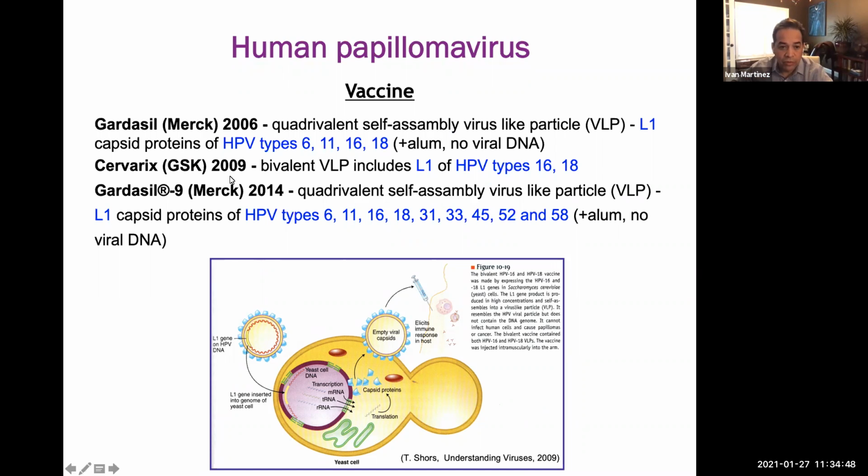Then in 2009, Cervarix came out, and that one was only targeting the high-risk HPV 16 and 18. And finally, in 2014, Gardasil 9 was released, called Gardasil 9 because it targets 9 different HPVs from low risk to high risk, not only targeting 16 and 18, but also the 30s, 40, and some of the 50s.